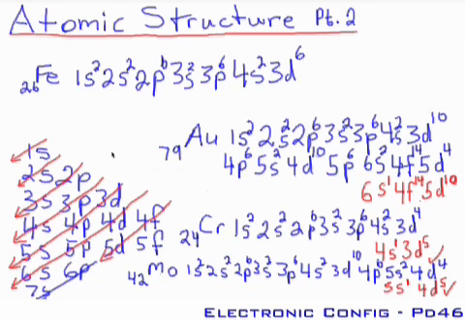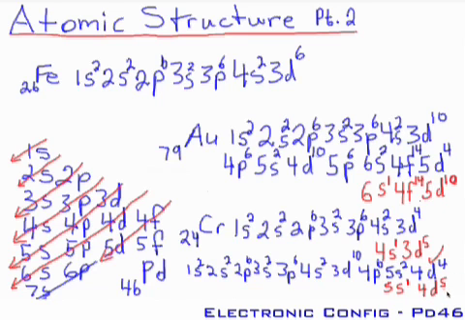Okay, so I'm going to come down here, replace molybdenum with palladium, Pd. Now, if I look on the periodic table for palladium, palladium is atomic number 46. It means I have to put in 46 electrons.